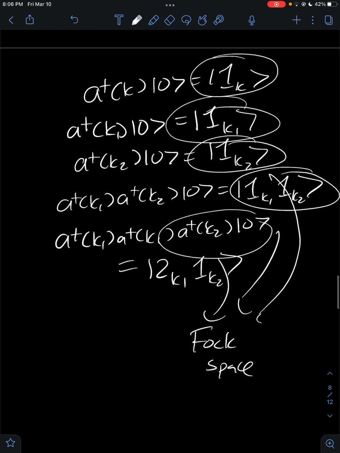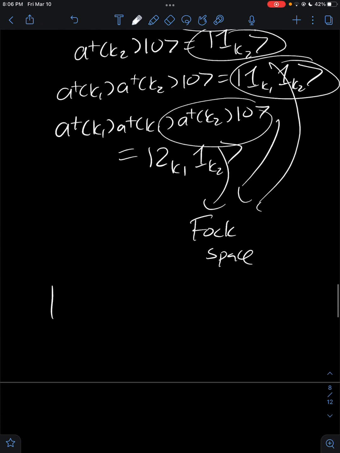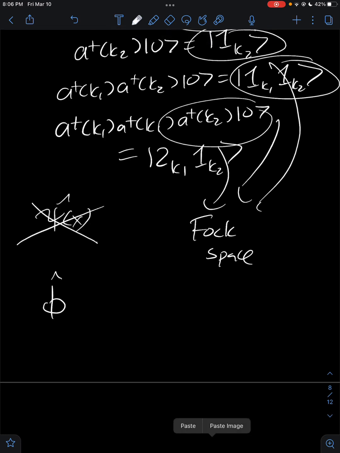Now, an important thing to mention here is that the field itself also becomes an operator in quantum field theory. The field is often compared to the wave function in quantum mechanics, but this is kind of a mistake, because the wave function in quantum mechanics is not an operator. But in quantum field theory, the field is an operator.